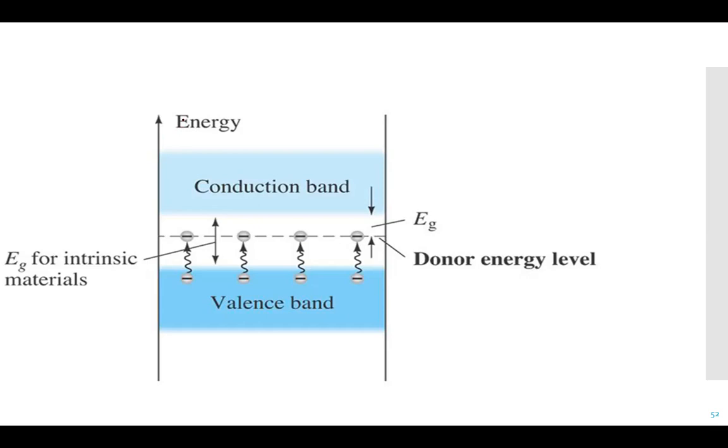So this shows over here the energy level structure, and this shows the energy level for the extrinsic material. So now I think this is understandable to you, right? Yes or no?